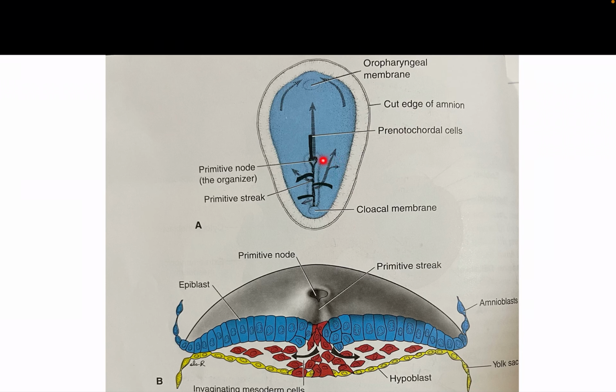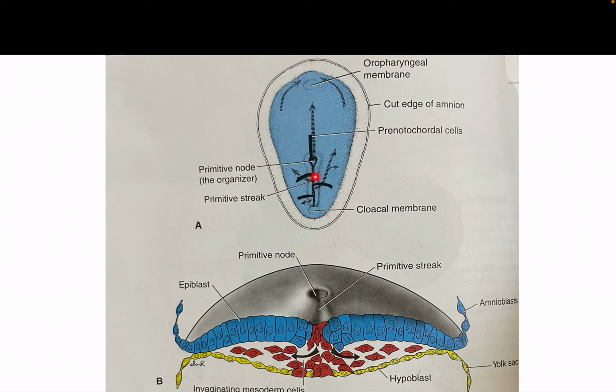So finally we say the migrating cells between the epiblast and hypoblast from the primitive node form 4 components. Number 1, prechordal plate. Number 2, notochord. Number 3, cardiogenic cells. And number 4 is the medial half of the paraxial mesoderm.